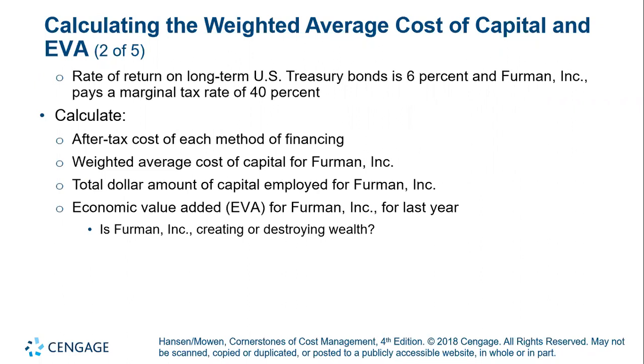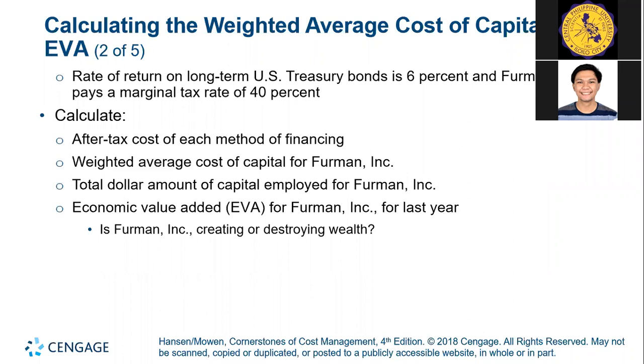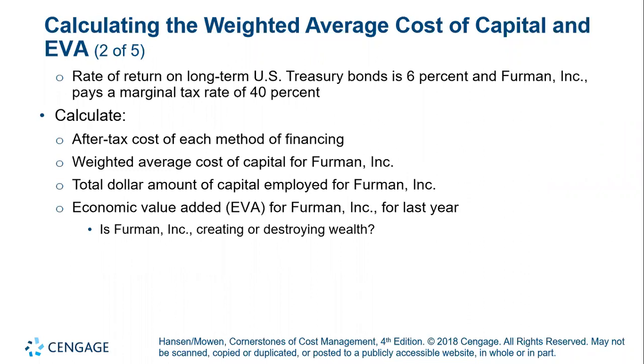Calculate the weighted average cost of capital and EVA. The rate of return on long-term U.S. Treasury bonds is 6%, and Foreman Incorporated pays a marginal tax rate of 40%.